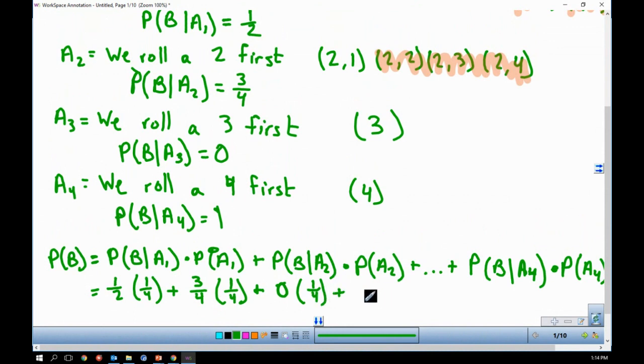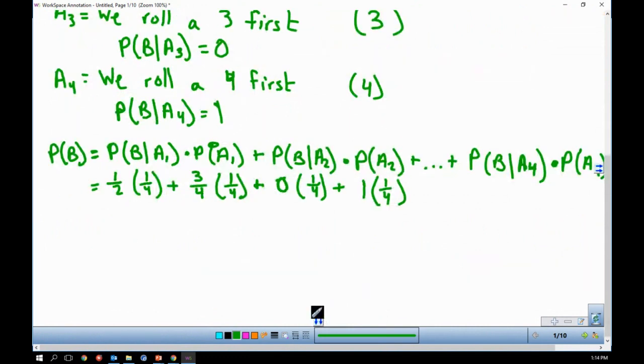Plus B given A4 is 1 times 1/4. And then if we add all of those up, what's the probability that our sum is 4 or more?